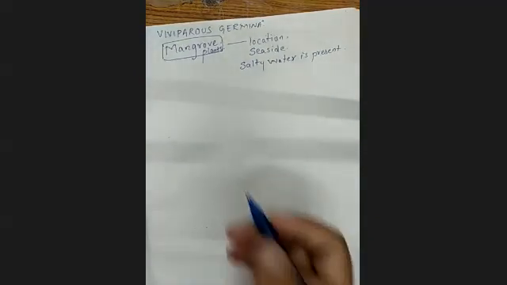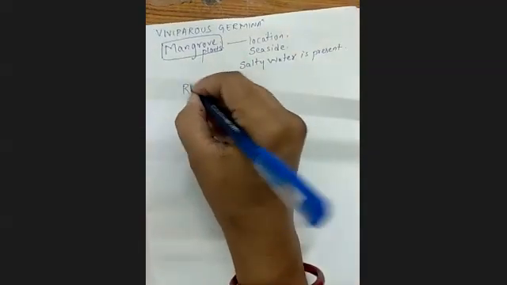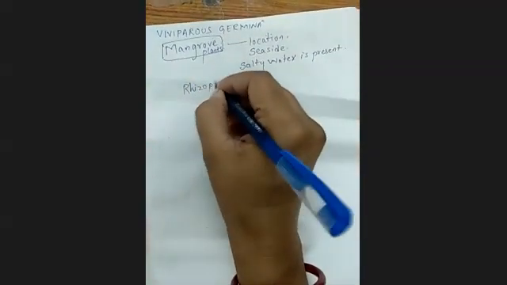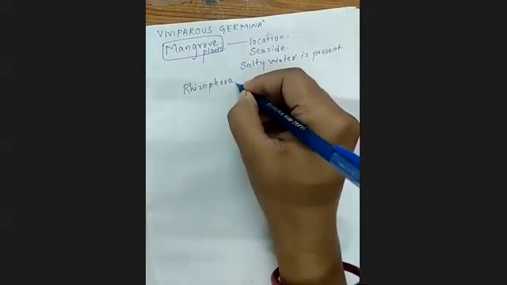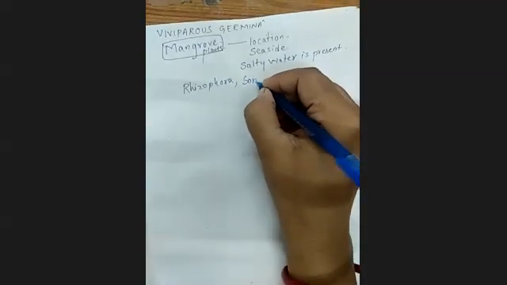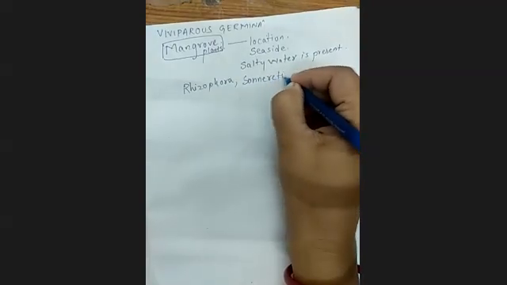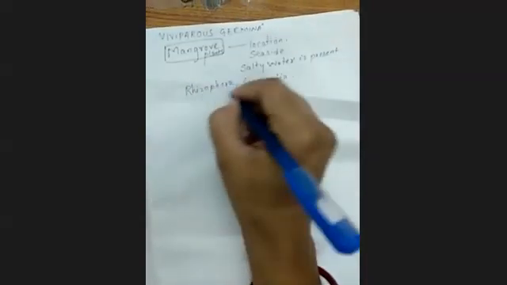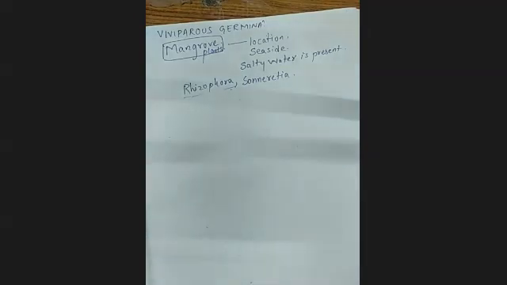Examples for them can be Rhizophora, or another one given in your book, Sonneratiaceae. But this one is very common, Rhizophora. It can even be seen if you visit the seasides. So these are all classified as a group of mangrove plants.